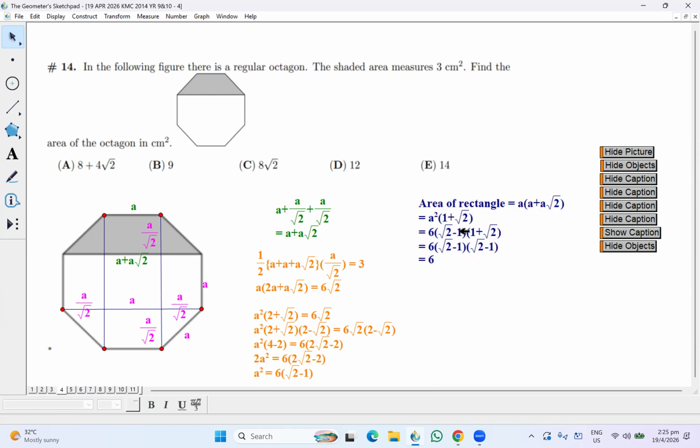Then area of rectangle, A plus A root 2 times A. We already know the trapezium is 3. The other trapezium also 3. So we need to add the rectangle. So 1 plus root 2. Then A square we know is 6 into root 2 minus 1. Then we get root 2 plus 1 here.